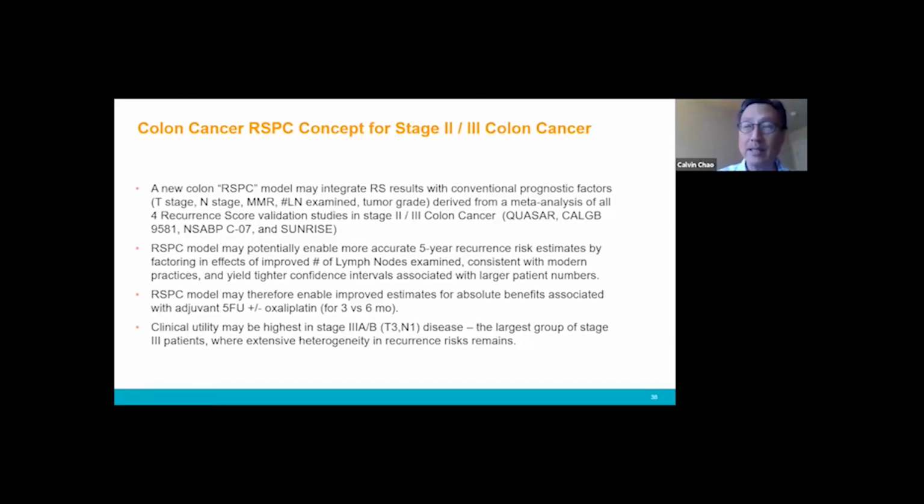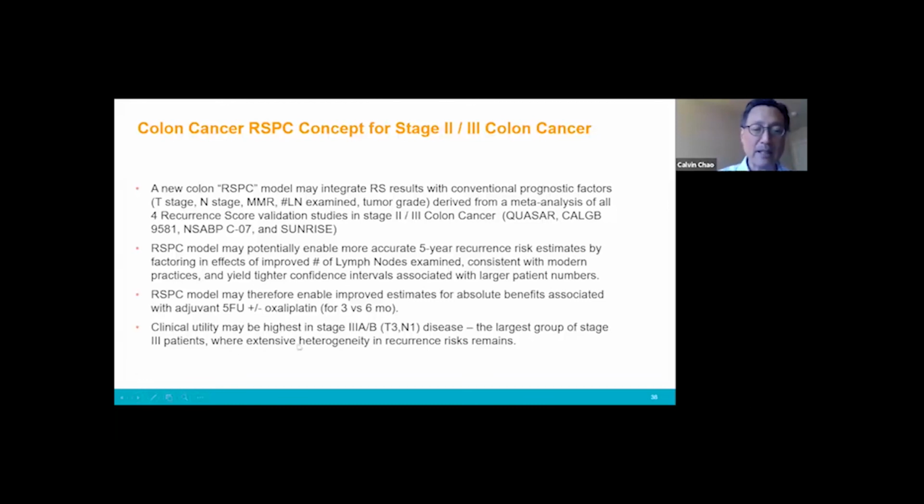And this meta-analysis using the 4 studies could then generate very accurate 5-year recurrence risk estimates, because there will be very tight confidence intervals and a lot more patients, and we can really give patients a much more accurate picture of what they should expect with their disease. And I think then you can infer what those absolute benefits would be based on this modeling, and decide what kind of treatment they need.